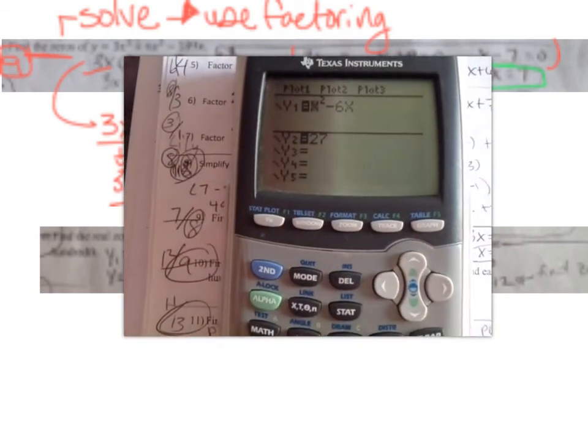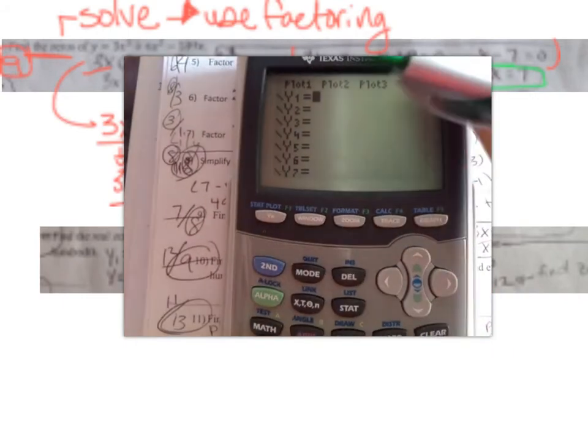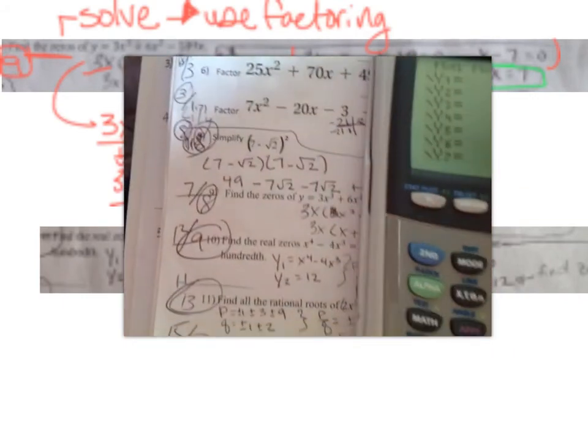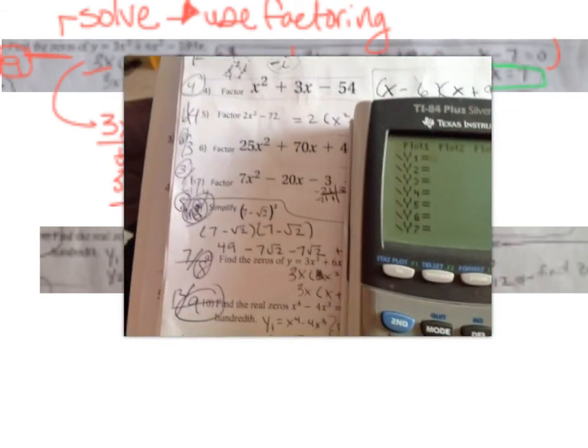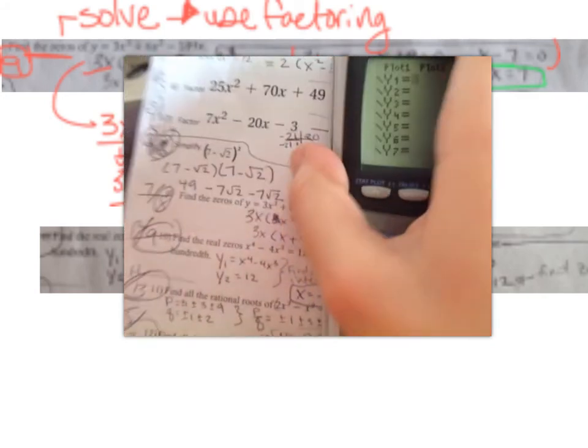So for this one, we're going to clear this out. And this is just using the same method as before. So our 2 equations are going to be the 2 sides of the equation.